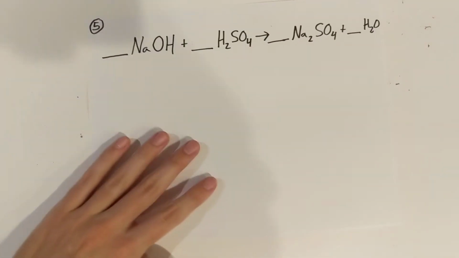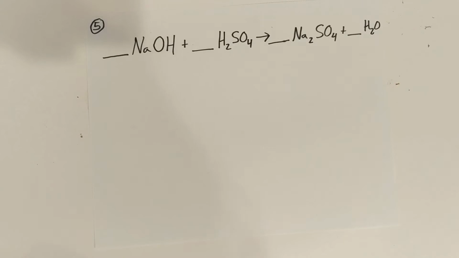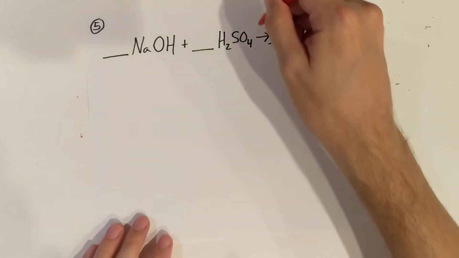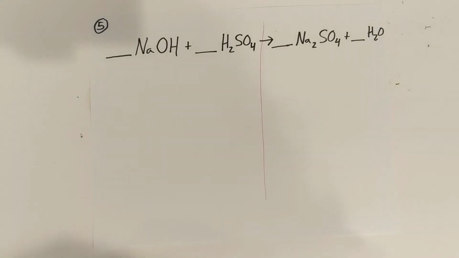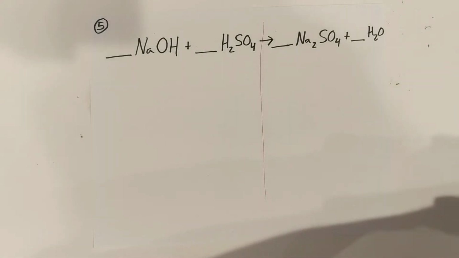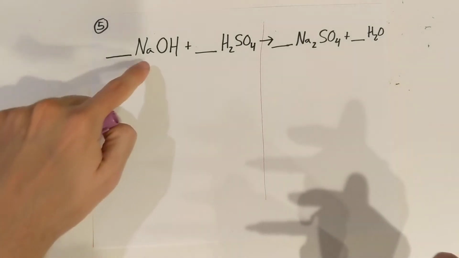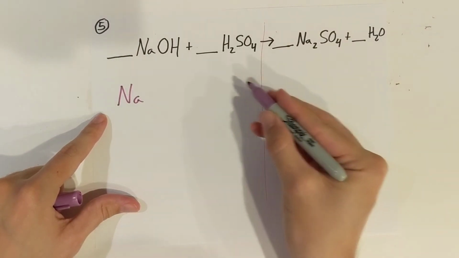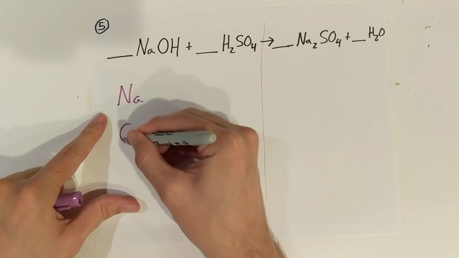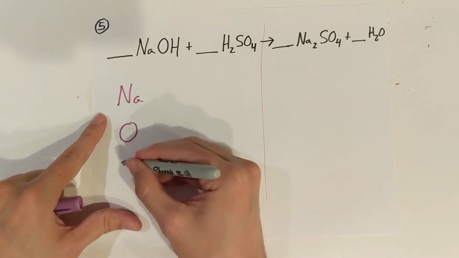All right, halfway there. Let's take a look at problem number 5. This one looks like it might be a little tricky. We got sodium. We have oxygen. We got hydrogen.